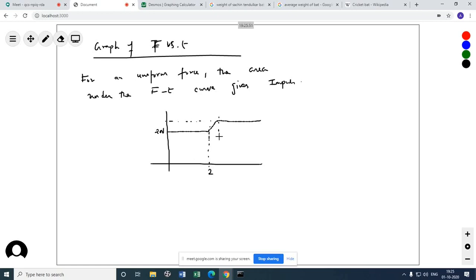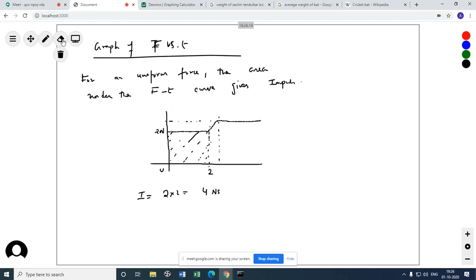Understand? So what is the impulse between 0 to 2 seconds? How will you find it? Just the area of the shaded region under the curve. So the impulse would be 2 into 2, that is 4. What is the unit? Newton second. That is for when the force is uniform and not varying.